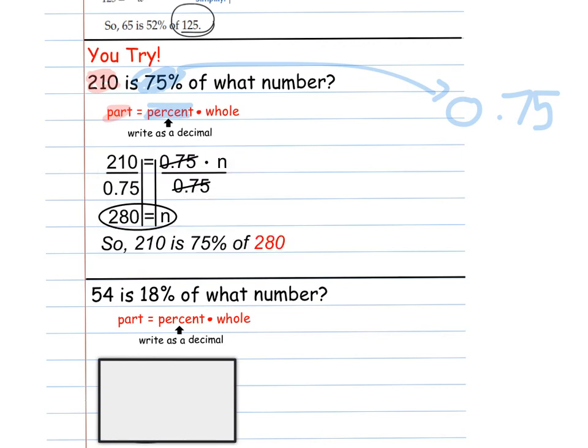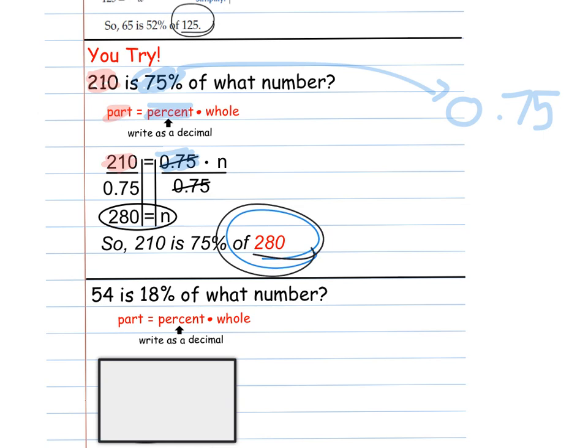We have part 210 equals 75 hundredths, which is our percent, times our whole n. Okay, so to get n all by itself, we're going to divide both sides by 75 hundredths, and we get that n, or our whole, is 280. So 210 is 75% of 280.